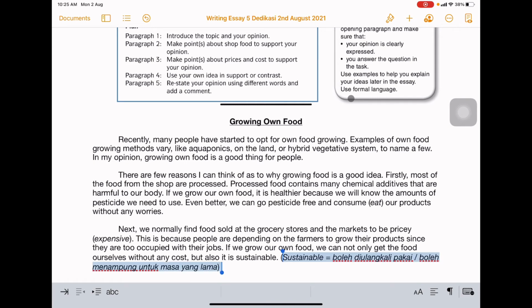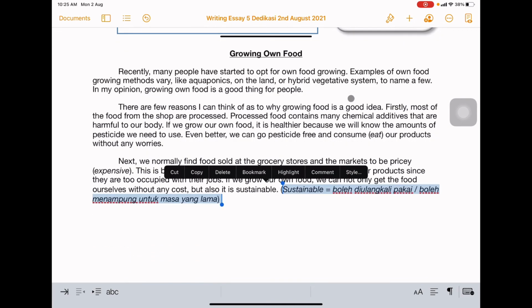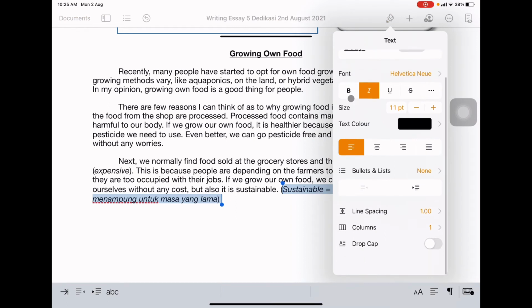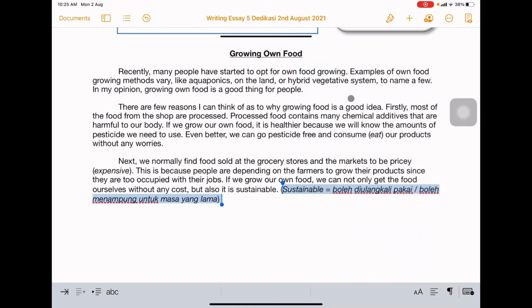So this one you don't have to write in your essay. This one I just highlight so that you know.